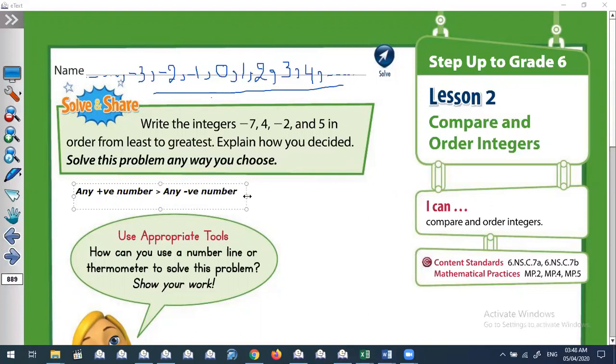This sign, plus VE, means positive. So again, note number 1, any positive number is greater than any negative number.